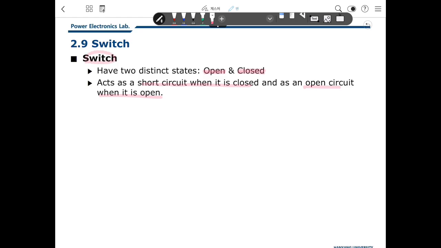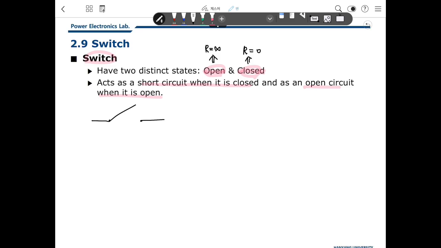When you say open, that means the resistance between the two switch terminals is infinity. When closed, R is 0.